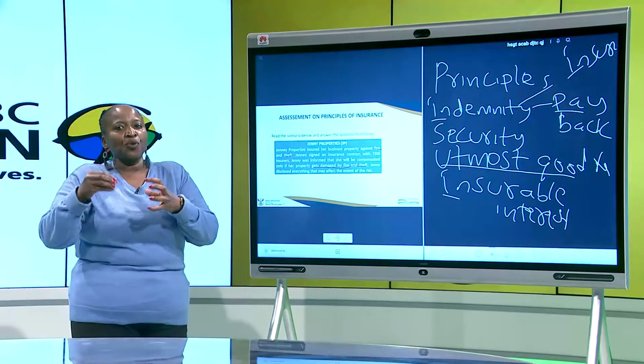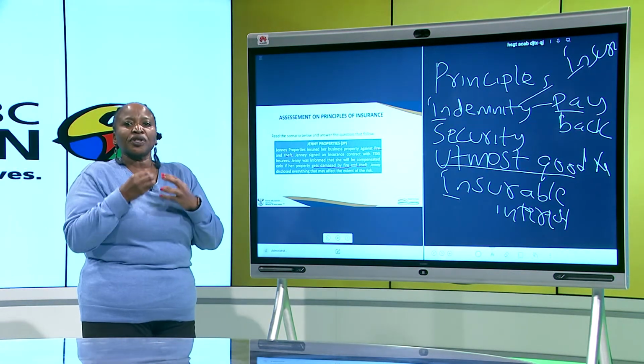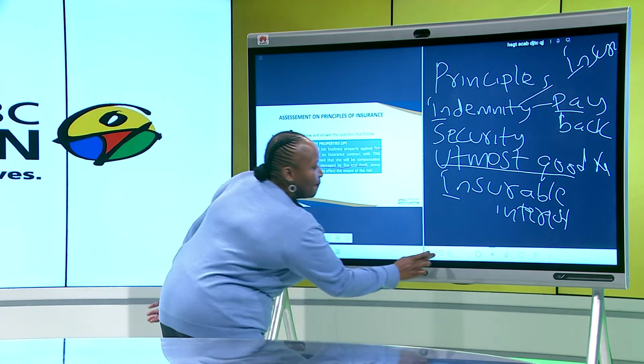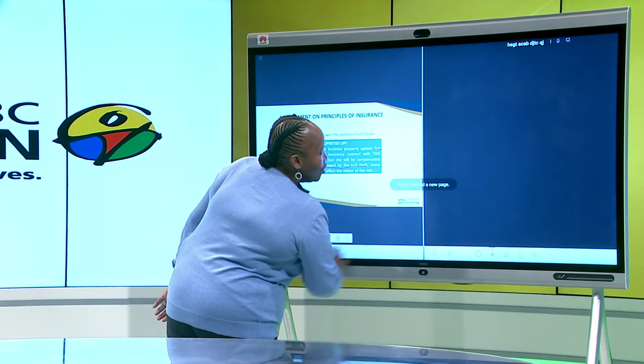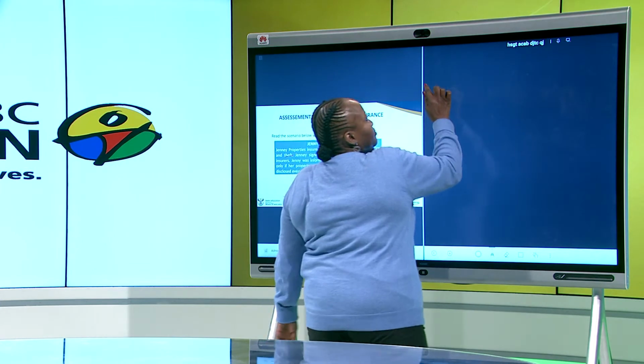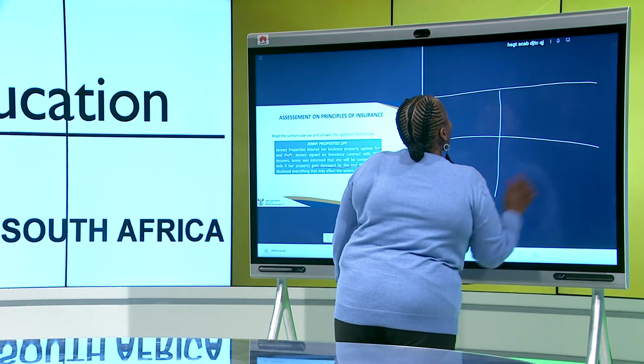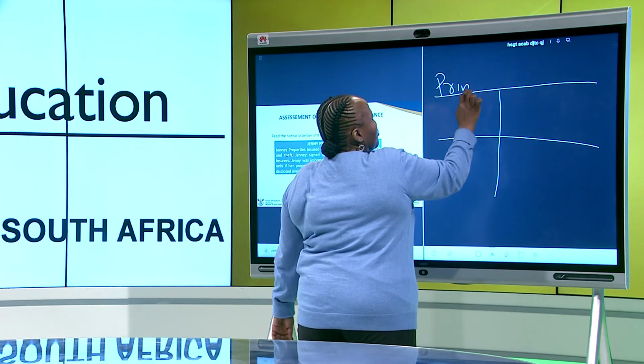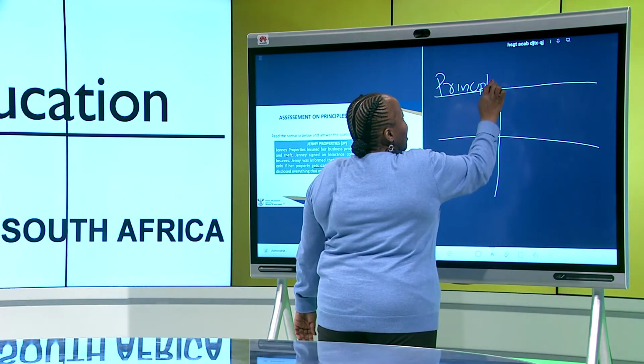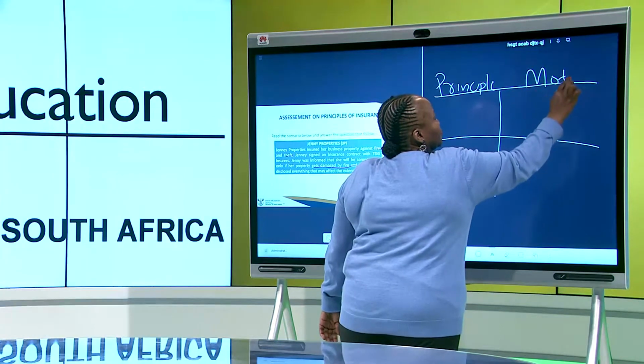And remember, Lena, when you are asked to quote, you have to give the principle and quote. But the trick, let me show you how you would be marked. Here, it's a principle, and here, it's a motivation.